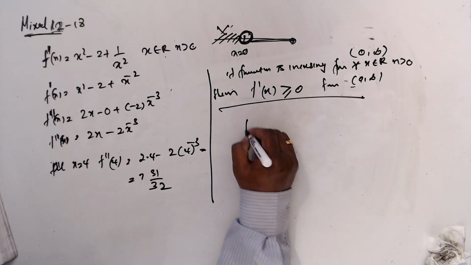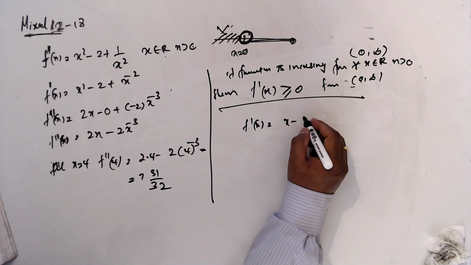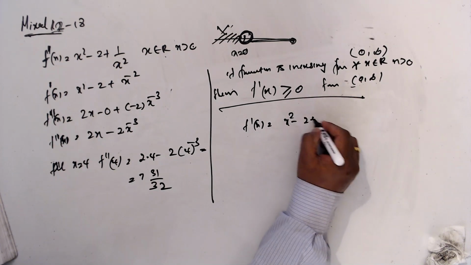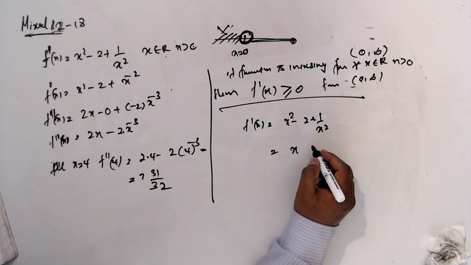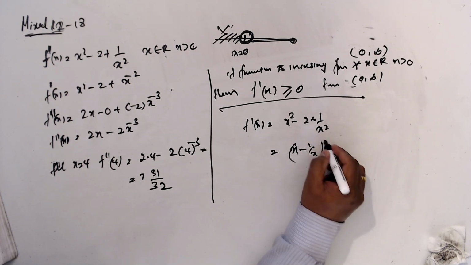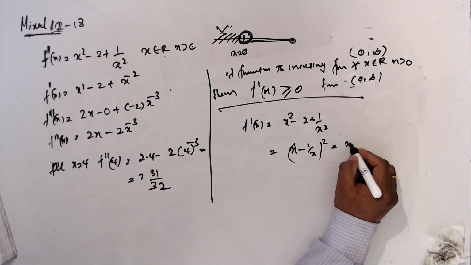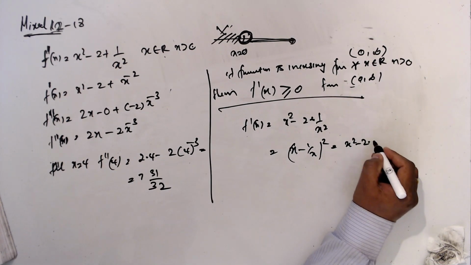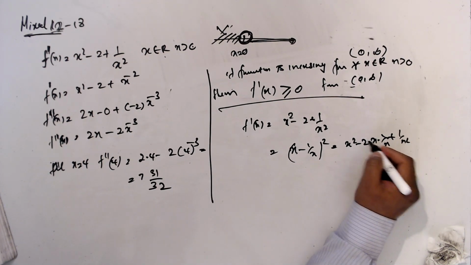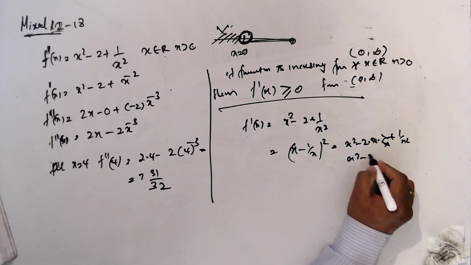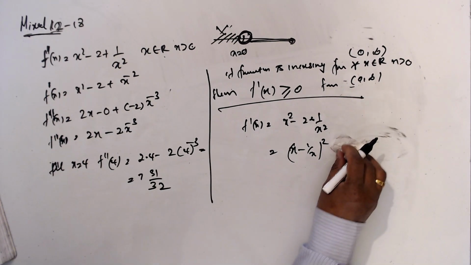So we'll take f dash x is 2x minus 2 minus 1 over x squared... actually, you can see that this is x minus 1 over x, squared, expanded. When you expand, you will get x squared minus 2 times x times 1 over x plus 1 over x squared. The x's cancel out, giving x squared minus 2 plus 1 over x squared.